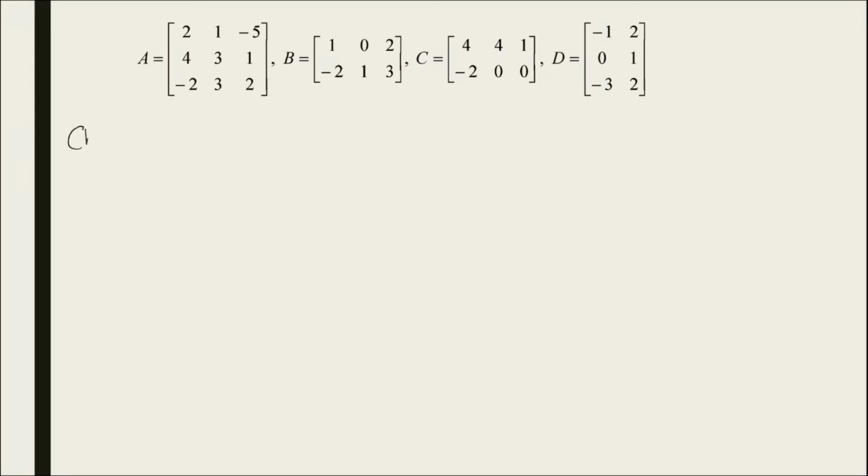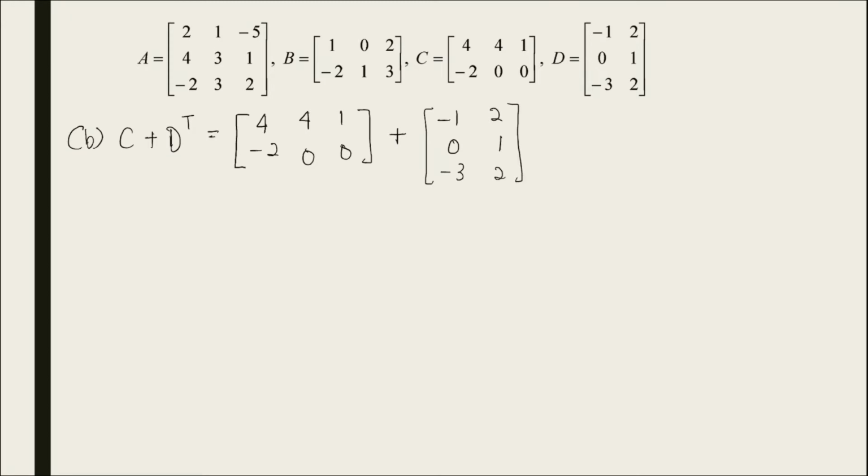C plus D transpose. If you see the symbol T at the top of a matrix, it means transpose. So first of all, we are going to write back matrix C plus matrix D with the symbol T at the top.